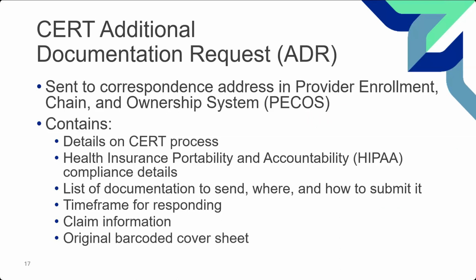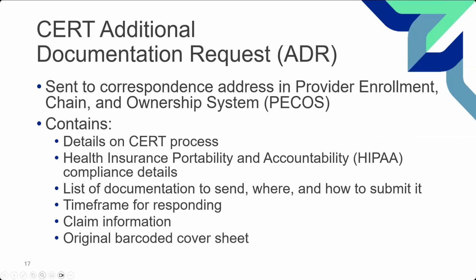So in the letter itself, the CERT contractor is going to provide all of the information listed here on the slide. They will send that additional documentation request to the correspondence address that is in the provider enrollment chain and ownership system files or PECOS files.